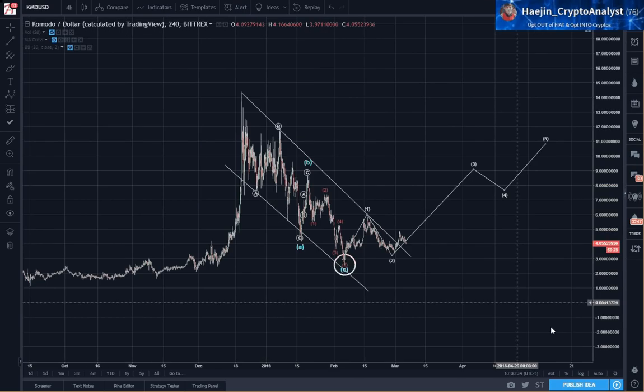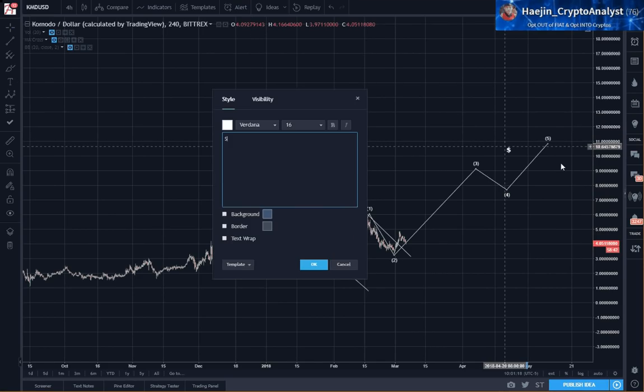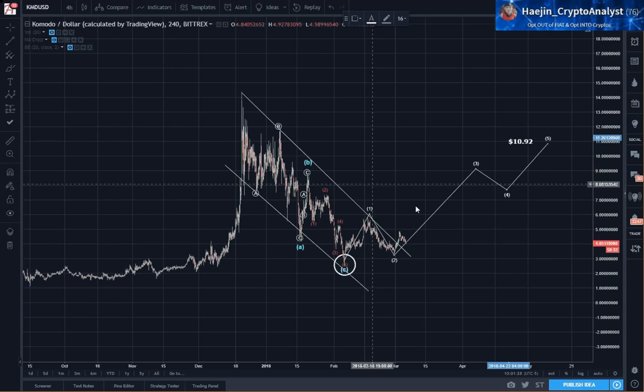Like so. Target will be 1092 at wave 5. 918 at wave 3.